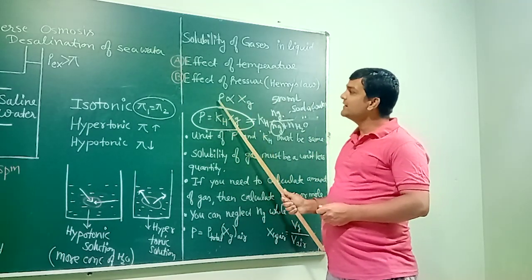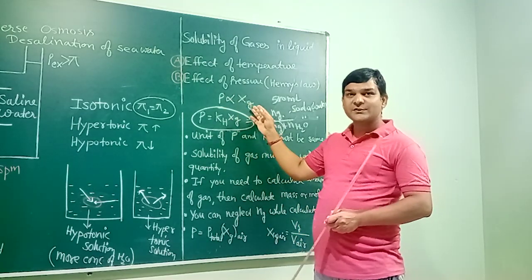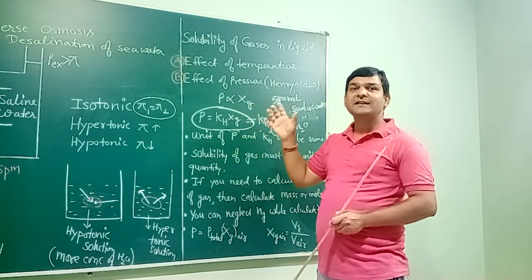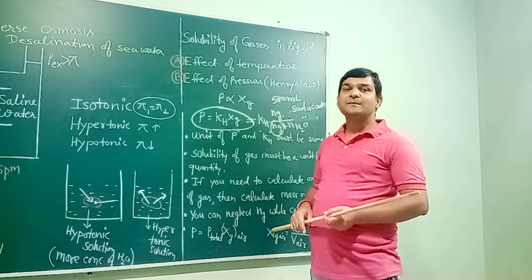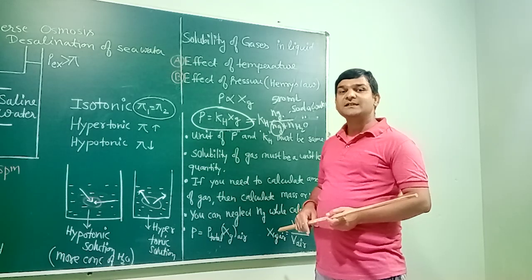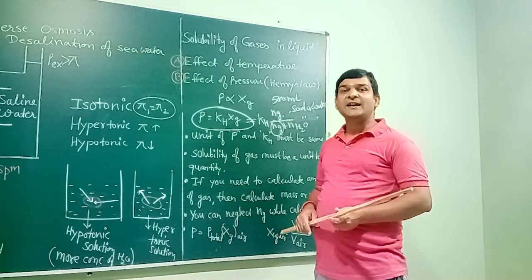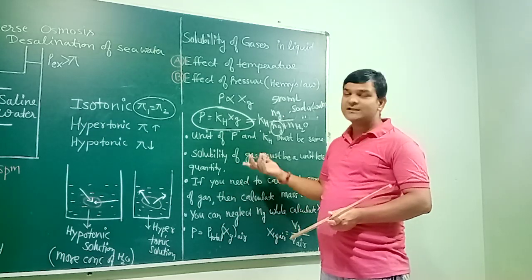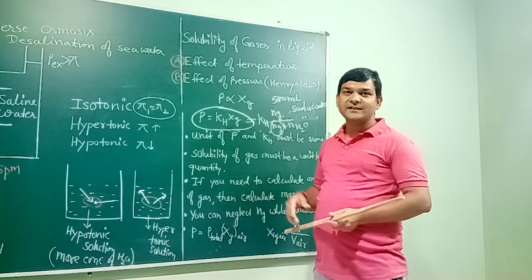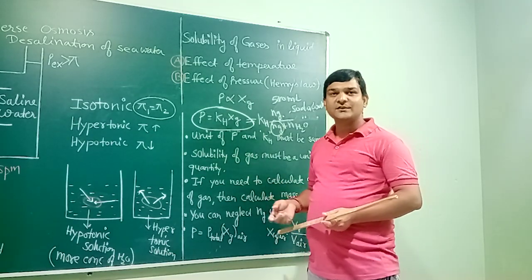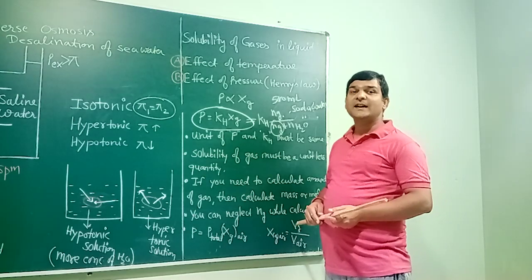Because partial pressure decreases, solubility of oxygen in blood decreases. In low concentration of oxygen, our brain gets less oxygen and our decision making power decreases. This particular problem is medically known as anoxia. So you can be asked what is anoxia? At high altitude, oxygen in blood decreases, oxygen in brain also decreases, decision making power decreases, and medically this is known as anoxia.